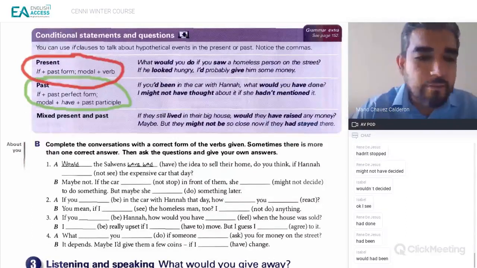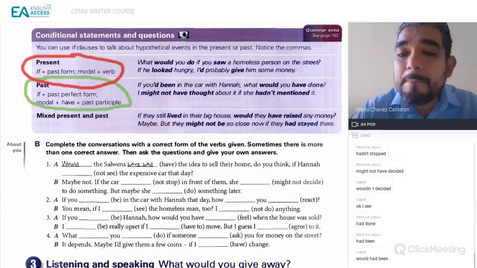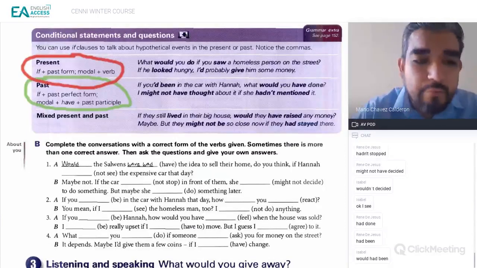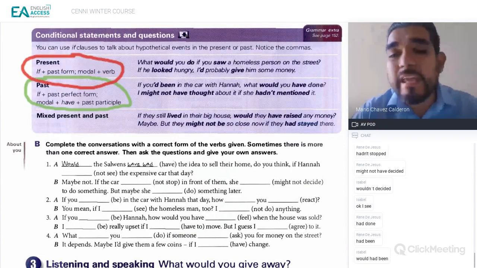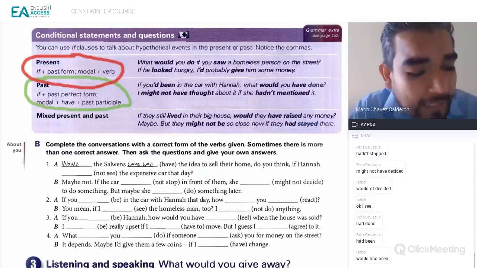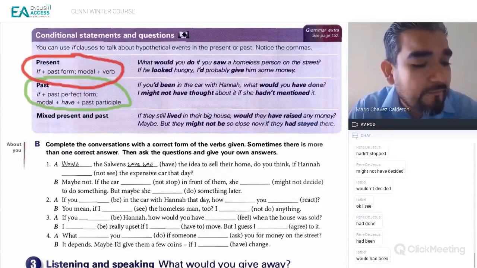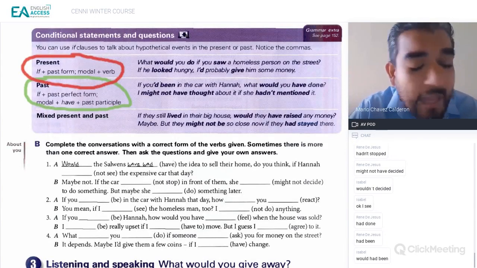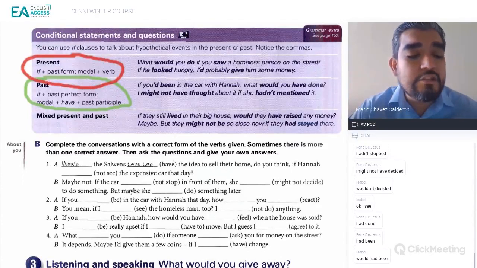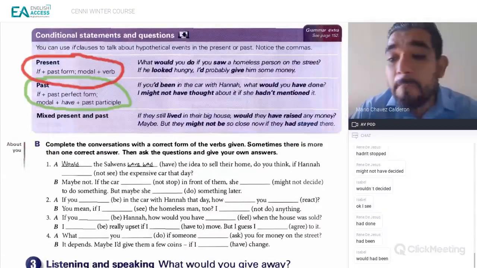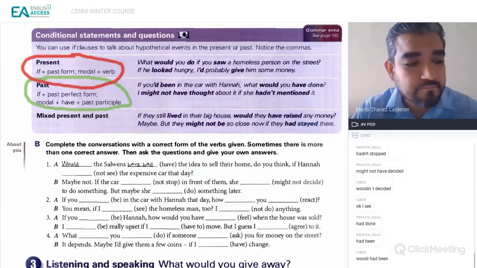Okay, Isabel, look. When it is something imaginary about the present, you use if plus past. So whatever you write after if should be in past. And then you use the comma and then a modal verb in present.